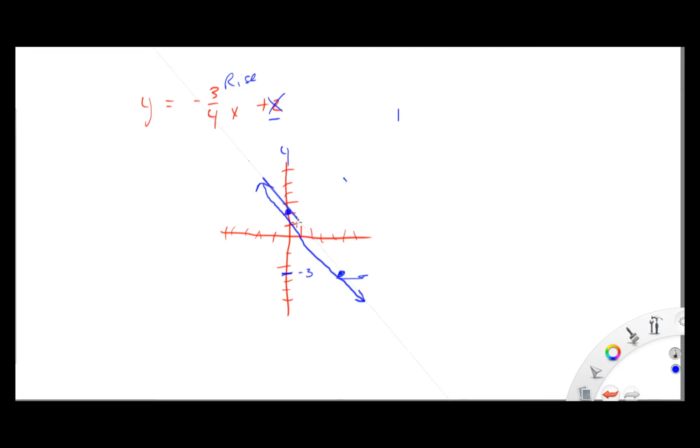Okay, there's a better line, right? So it's intersecting those points. So that's how you do your lesson. That's how you do your graphing, and you'll need to do that from now on.